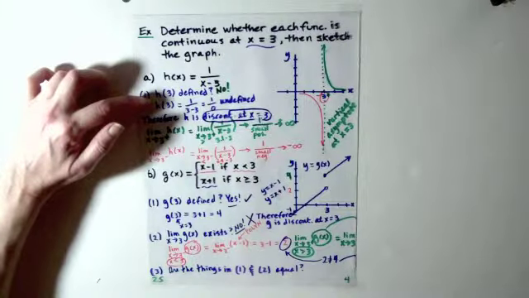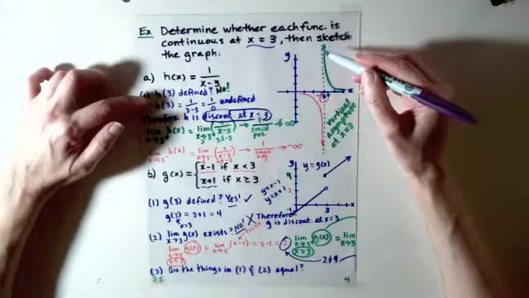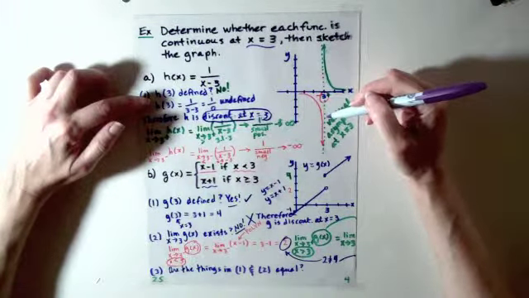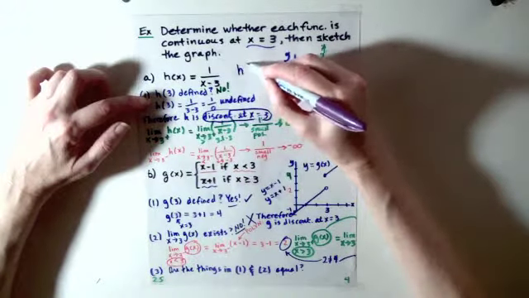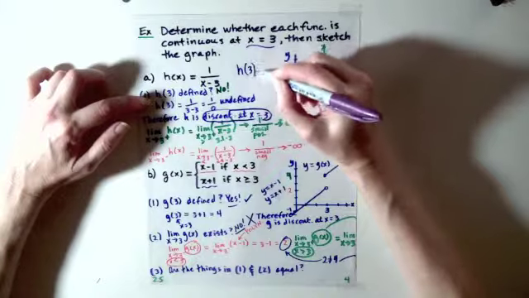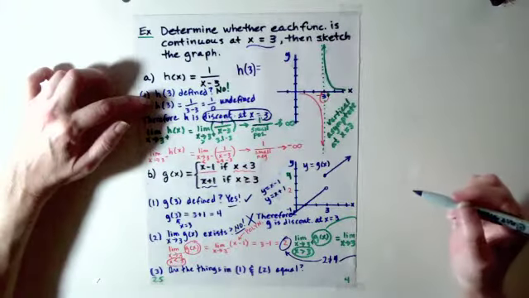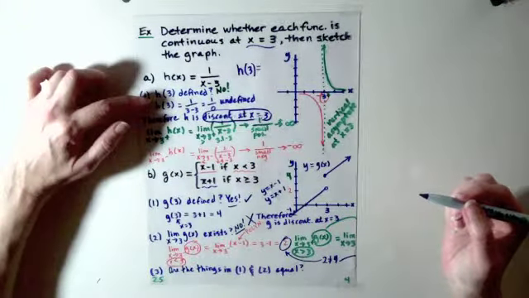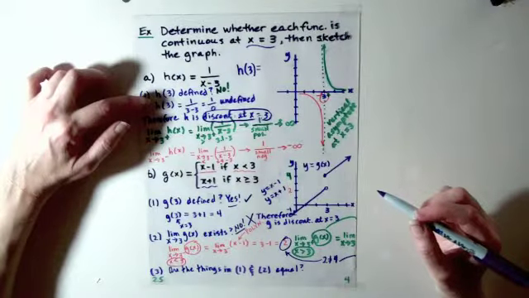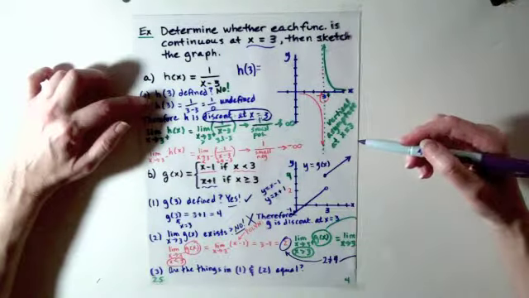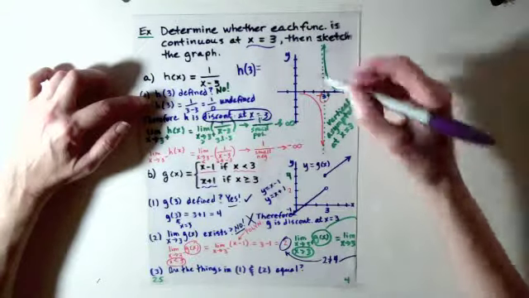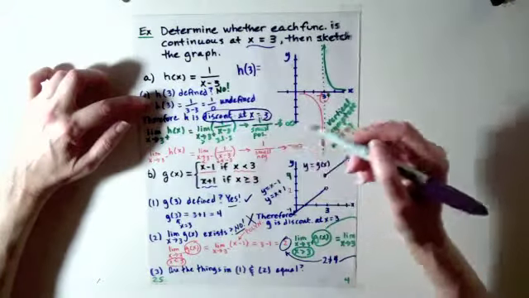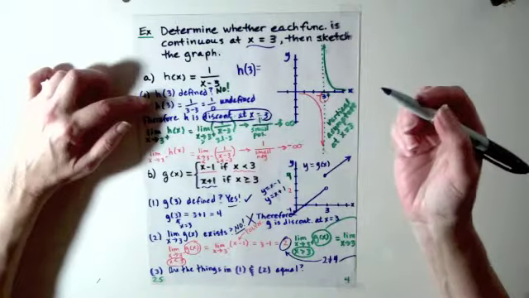Well, the question becomes, is it also a removable discontinuity? Well, that would mean that if we assign a new value to h of x at x equal 3, I should be able to get rid of the discontinuity at x equal 3. So right now h of 3 is undefined. Let's go ahead and give it some value.